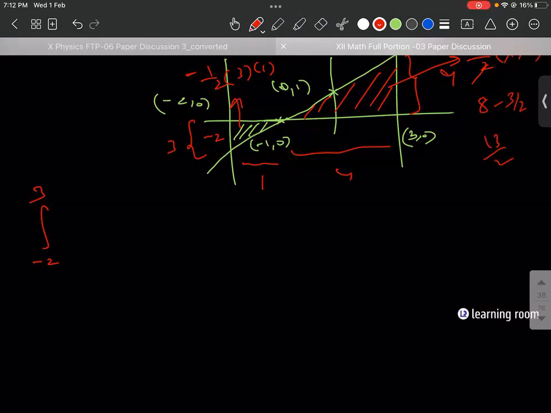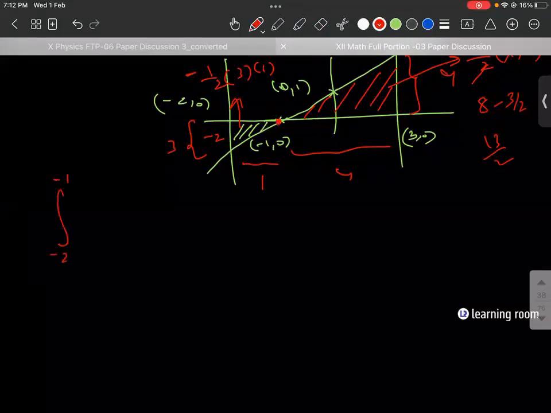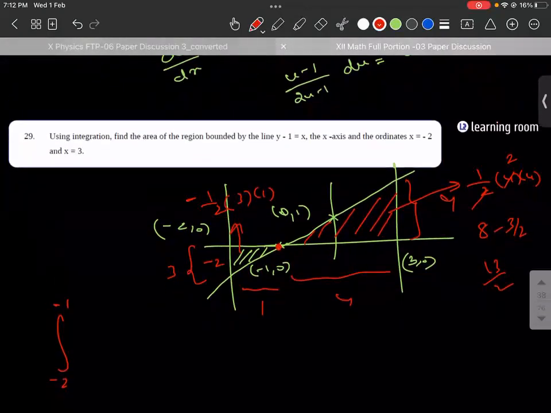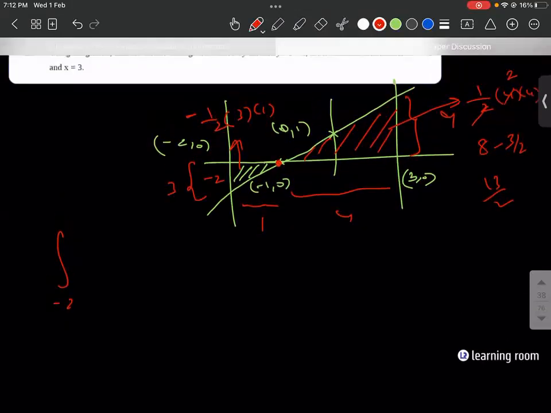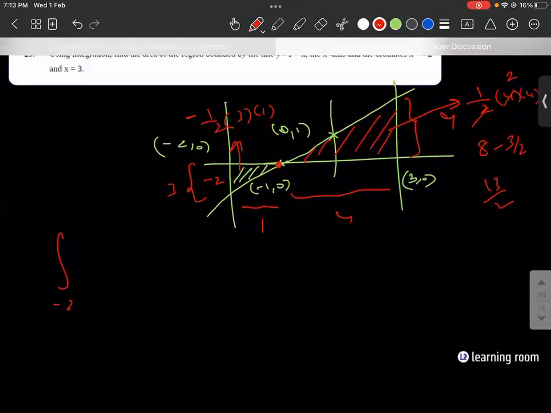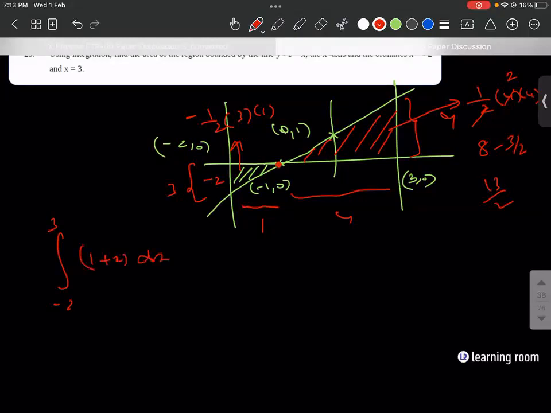I'll break it into 2 parts. Integral of -2 to -1. So what is the function? Y is equal to the same thing, no? So I can directly use this value itself. Integral of -2 to 3, 1 plus x dx. Tell me what is the answer. Solve this and tell me.